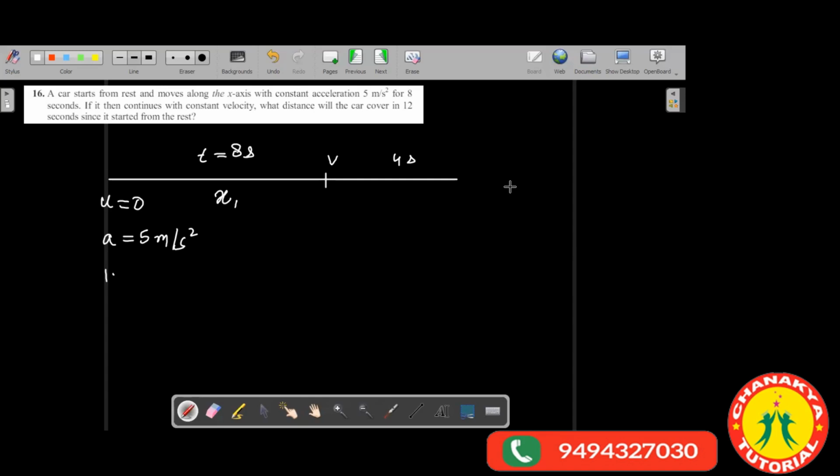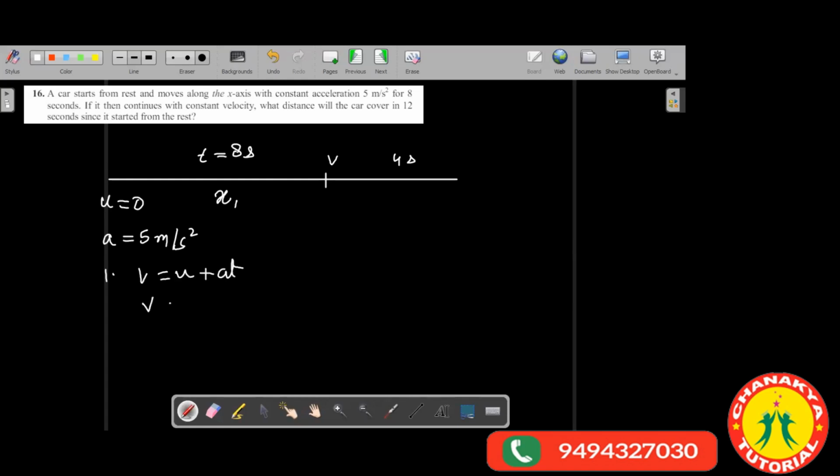Okay, find the final velocity. The final velocity is 40, according to me. Okay, so we get here final velocity. See, we can use v equals u plus at.